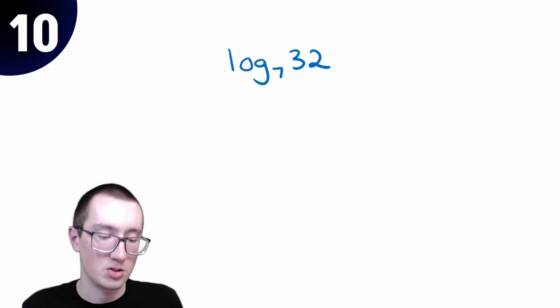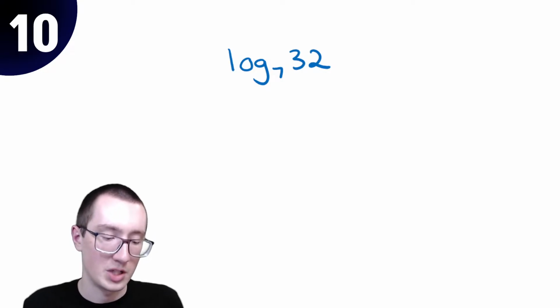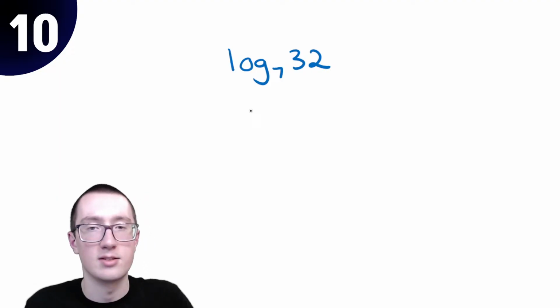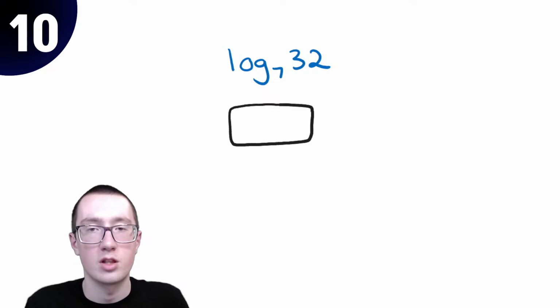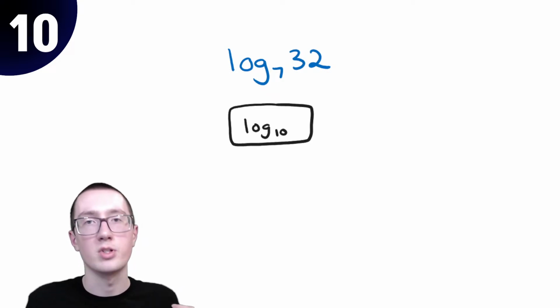It might seem like this should be super easy because you have a log button on your calculator. I have a log button here. Actually, it shows you this on an iPhone calculator, which is what I have open right now. The button literally says log 10, so it's telling you that it's only going to be base 10.